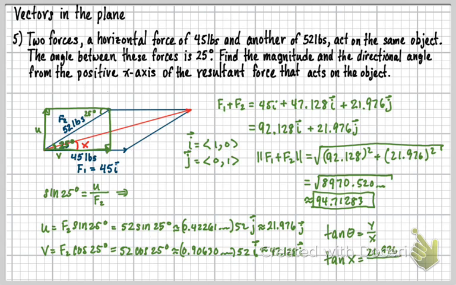And then on the bottom, I'm going to get my v direction there that I used, and that's going to be the x direction that we normally see with the polar. And that's going to be 92.128. And then from here, I'm going to do a tan inverse. And that's because I want to get an x. So I'm going to do x equals the tan inverse of all of that business there.